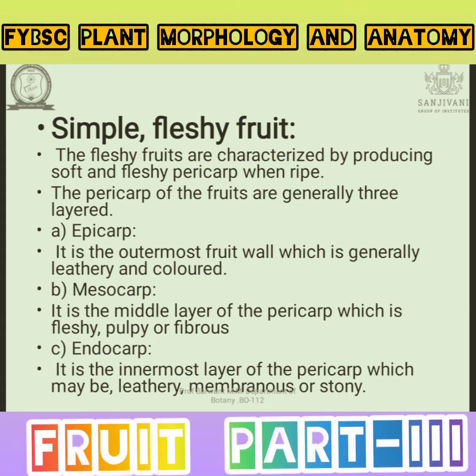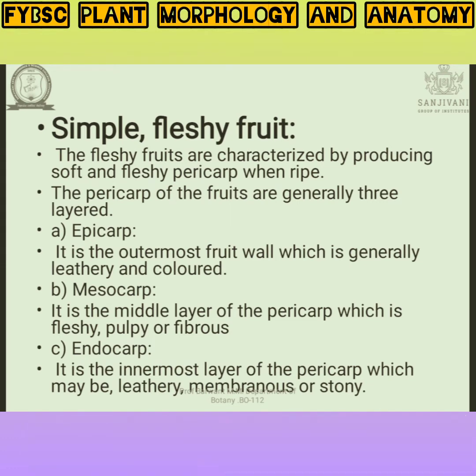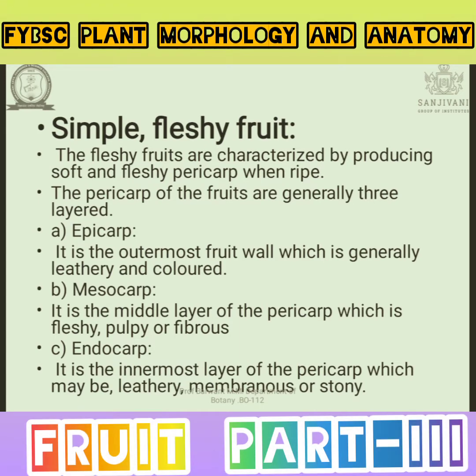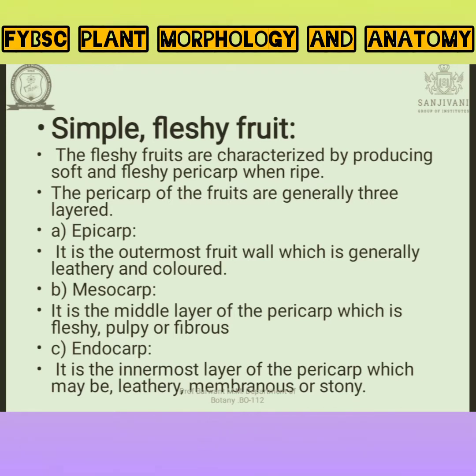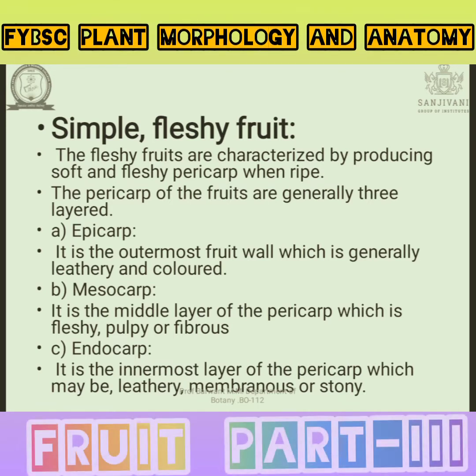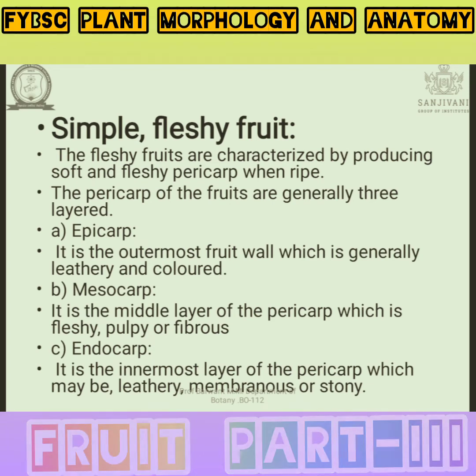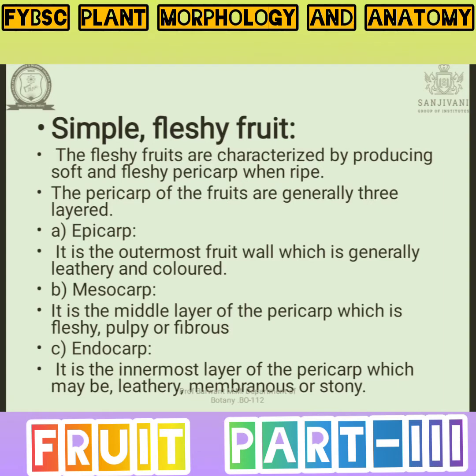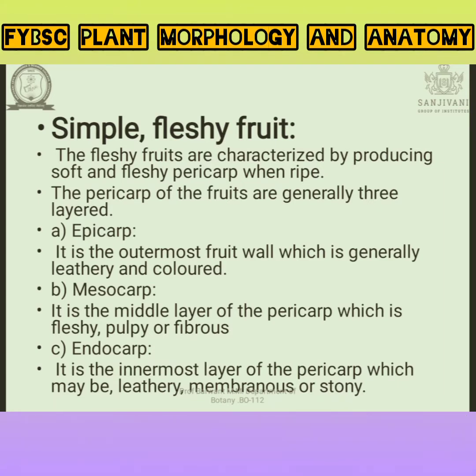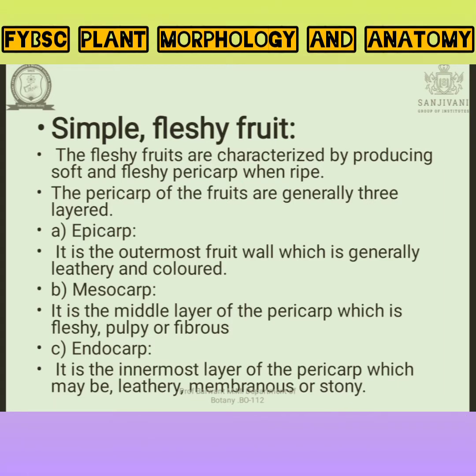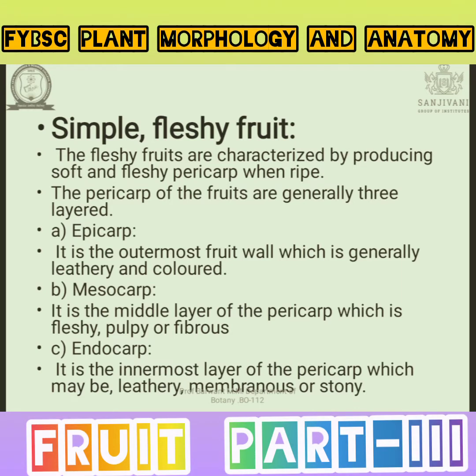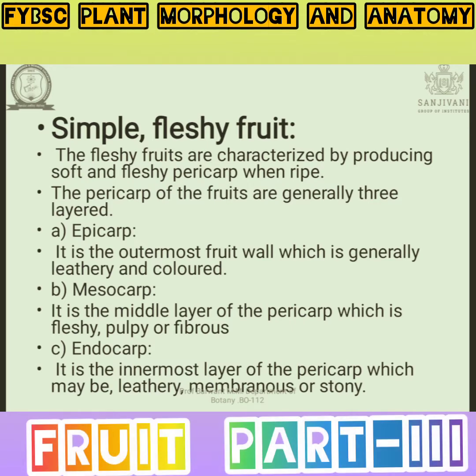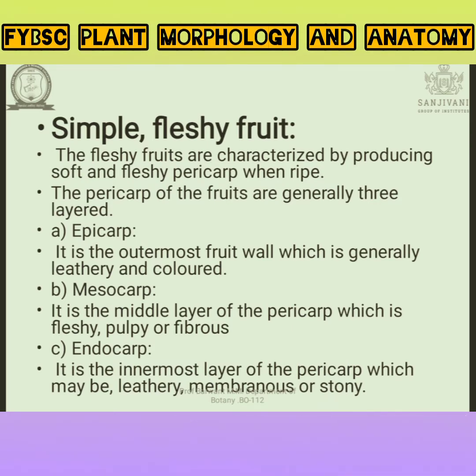We have started the classification of fruit. Fruits are classified into four types: simple type of fruit, then fleshy type of fruit, then aggregate, and the multiple type of fruit. But in general there are only three types: simple, aggregate, and multiple.